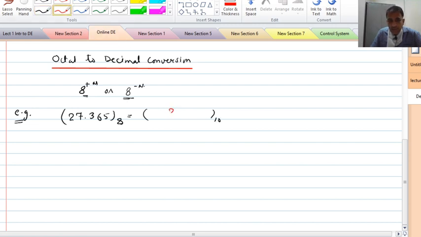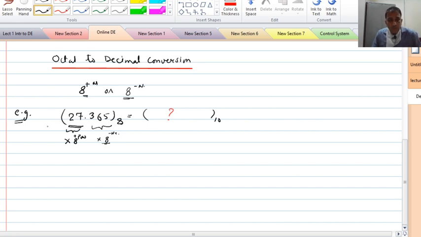Okay, we want this expression. Then in this case, for this side we have to multiply each digit by positive powers of 8, whereas we have to multiply this side with negative powers of 8.